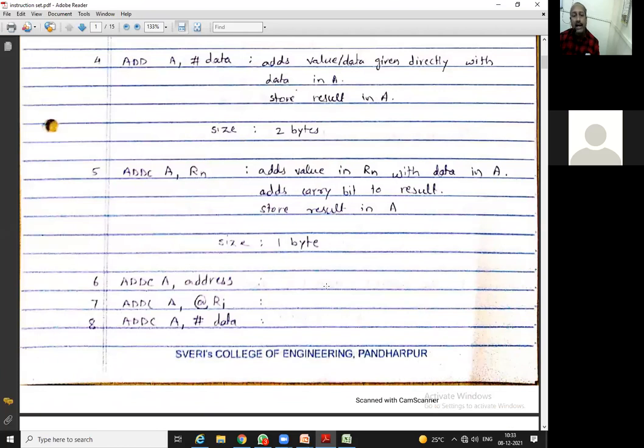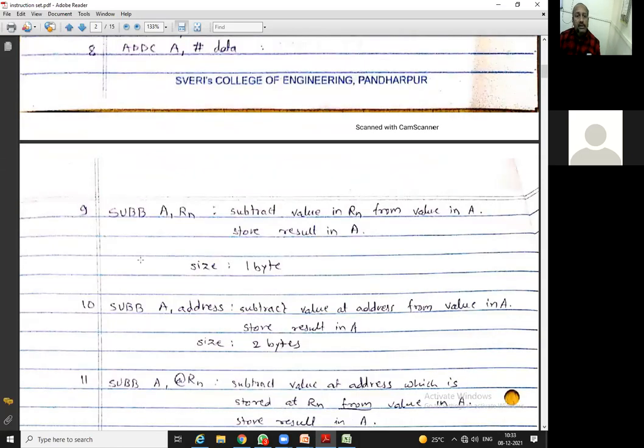Similarly, the ADDC instruction comes with the different addressing modes: ADDC A, address; ADDC A, @Ri; ADDC A, #data. Then similarly for subtraction, that is SUBB. This is the mnemonic for subtraction, where B is for borrow, subtraction with borrow, SUBB A, Rn.